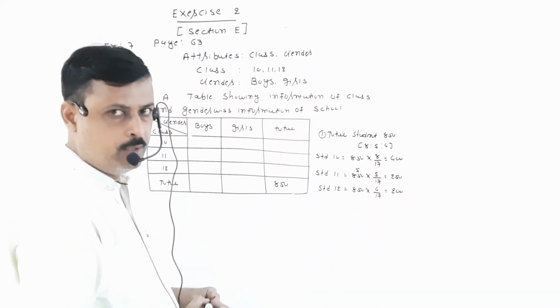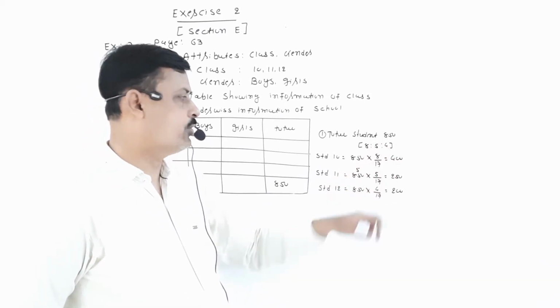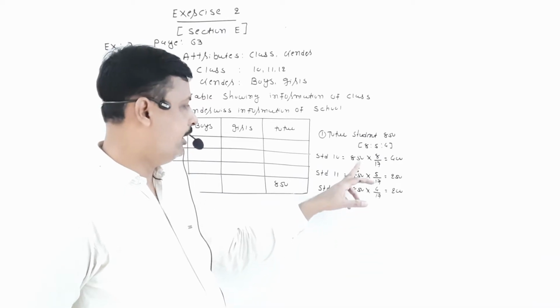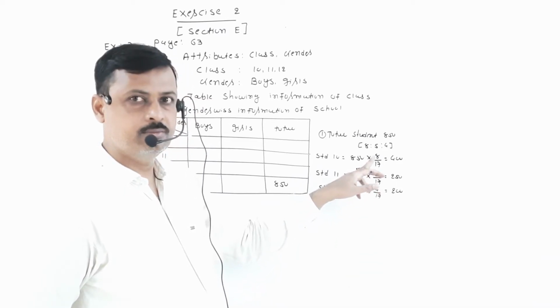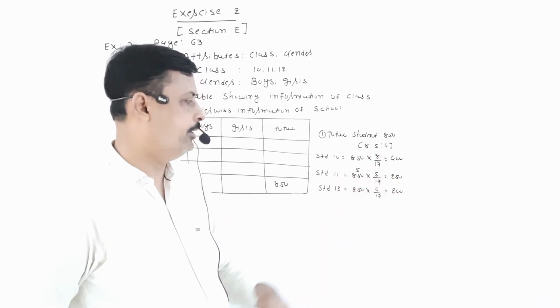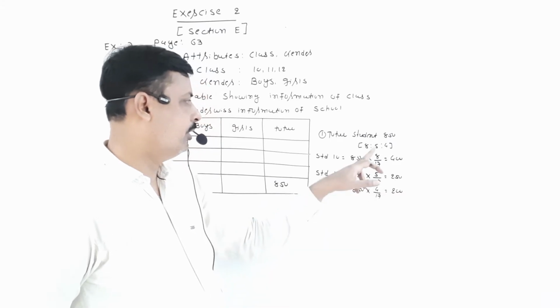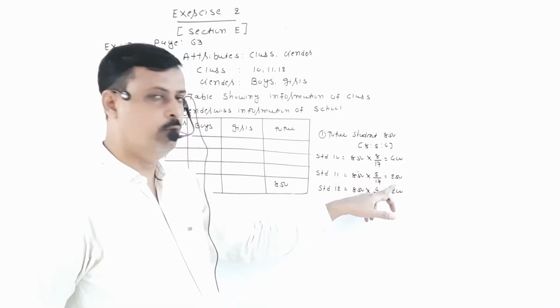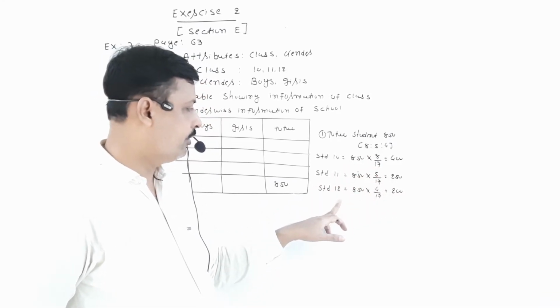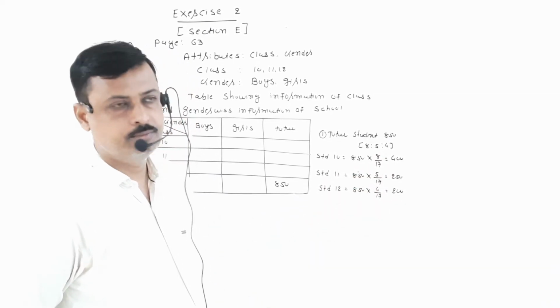So proportion is important for you. 850 to 8 is to 5 is to 4. So 850 multiply by 8 and divide by 8 plus 5, 13 plus 4, 17, so 400. Standard 11, 850 into 5 upon 17, 250. Standard 12, 850 into 4 upon 17, 200.